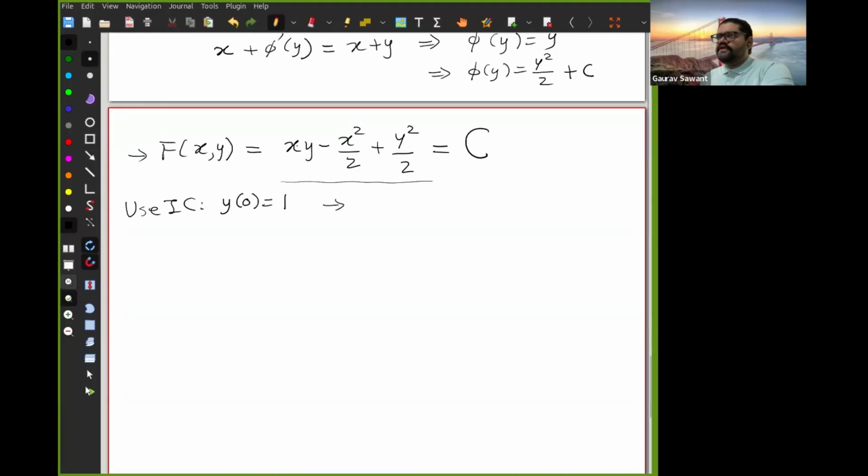The moment we do that, the first two terms drop out. The third term is y square by 2, that is half, and that is equal to the constant C. So this capital C is equal to half, which gives us the solution f(x,y) as xy minus x square over 2 plus y square over 2 equal to half.